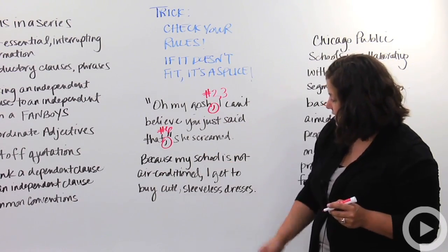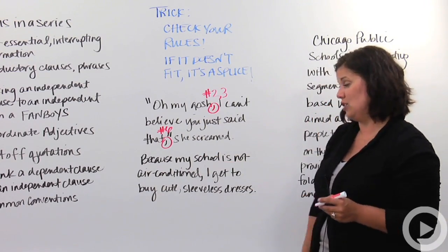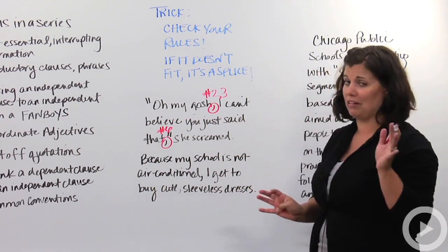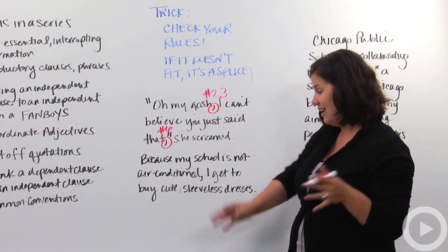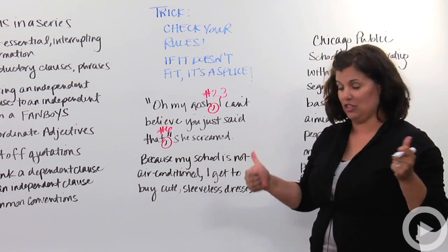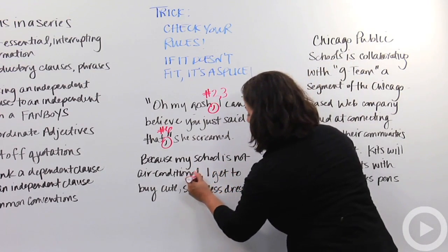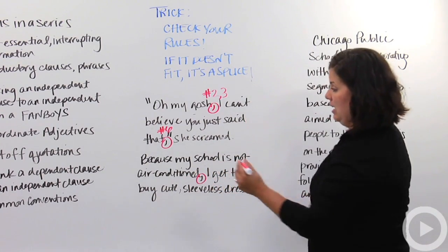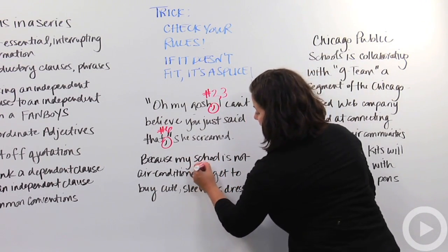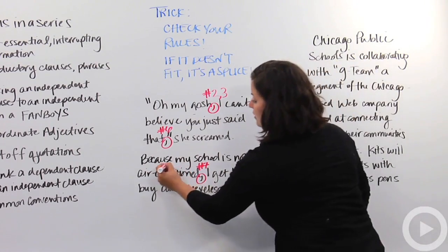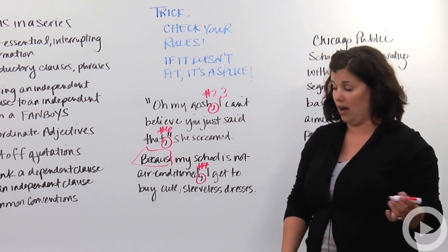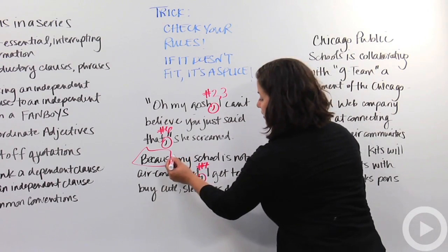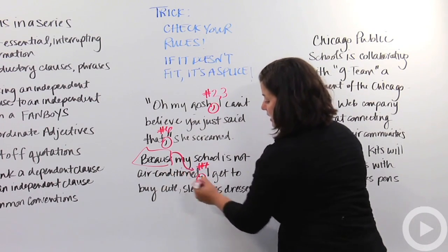All right, the next example: "Because my school is not air-conditioned, true story, it's not air-conditioned, I'm not really looking forward to going back, but I get to buy cute, sleeveless dresses." So this first comma here is following comma rule number 7. We have this subordinating conjunction "because" here, and we know when that leads off a clause, it makes it a dependent clause.